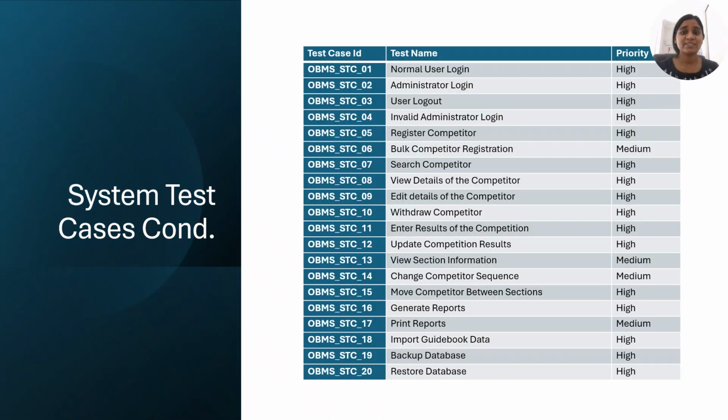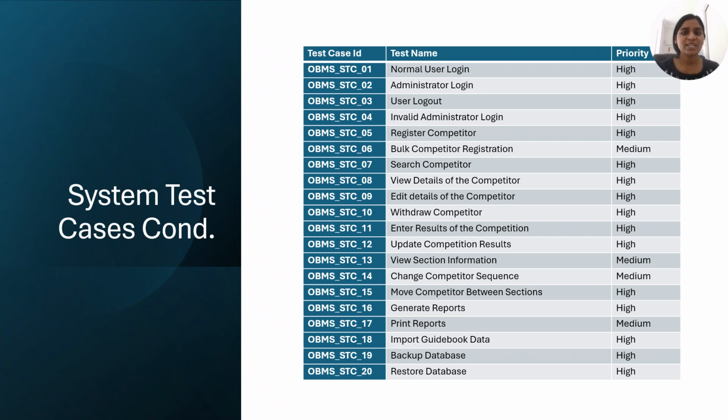These slides provide a summary of 20 system test cases developed for the online backstage management system. The test cases covered a wide range of system functionalities, including user authentication, competitor management, competition results processing, reporting, data import, and database maintenance activities. High priority test cases were mainly focused on critical system functionalities such as login validation, competitor registration, results management, report generation, and backup and restore operations, as these functions directly impact the reliability and usability of the system.